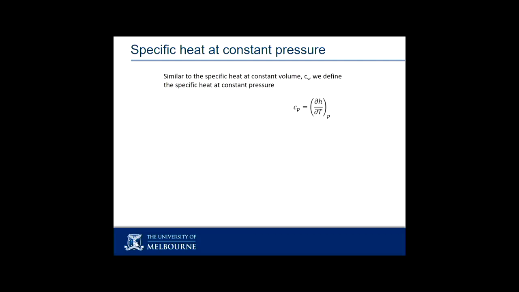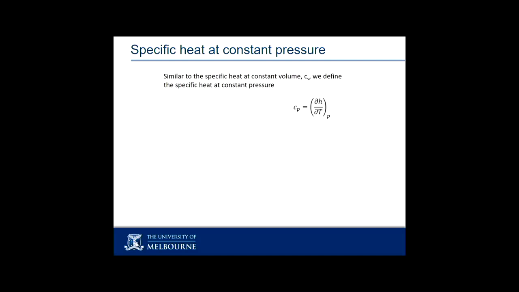What I'm doing now is another definition, which is the same kind of concept, but a new variable. So I had CV. I could have called them Jason and Fred. Jason lets me connect temperature and internal energy, and Fred lets me connect enthalpy and temperature. Okay? They just happen to be CV and CP.